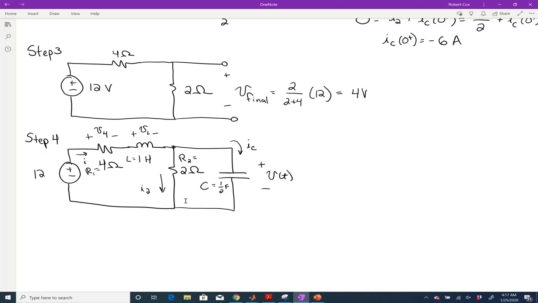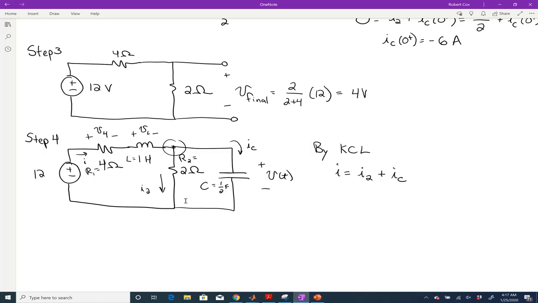Okay? All right. So to do this, I'm going to write a couple of equations here. So I'm going to use my basic tools. I'm going to say by KCL, I'm going to do a KCL at this node right here. Basically I have I, the inductor current, going in. That's got to equal the currents coming out. So the currents coming out are I2 and IC.